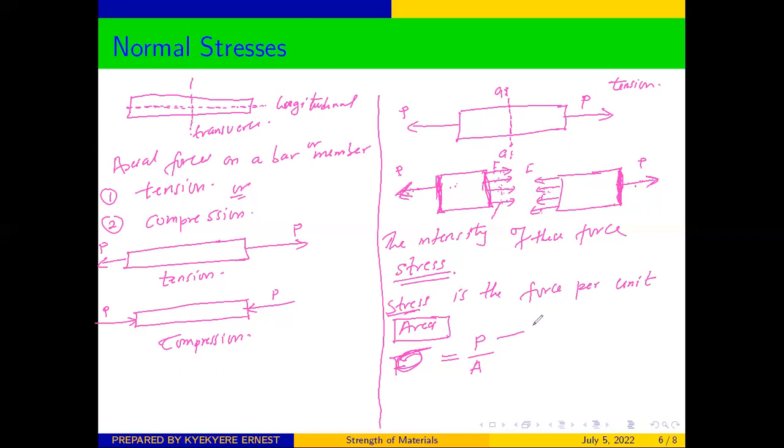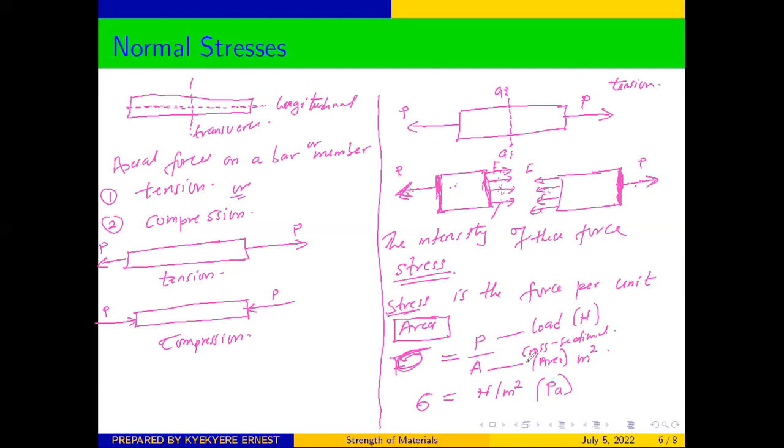This P here is the load or the force, and the unit is newtons. And this is the area, and the unit is meter squared. Therefore, this is the cross-sectional area. Don't forget that, the cross-sectional area. And from there, we can say that the unit for stress is newton per meter squared, which can also be referred to as Pascal.